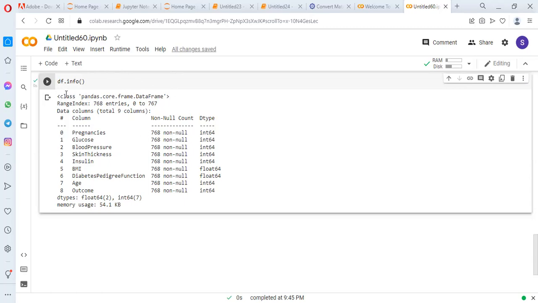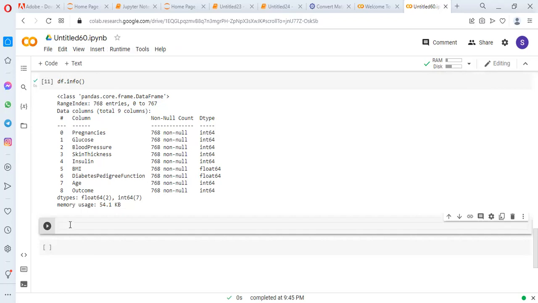All of these are defined in a class, and these are the data types defined over here. So this is all the information of my data set.